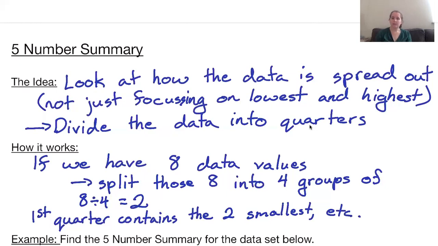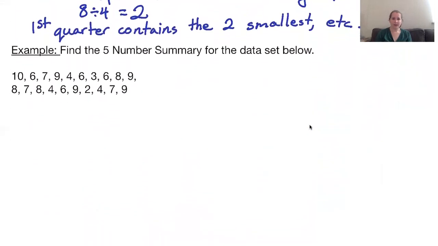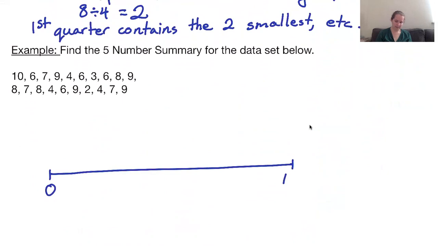So we're going to do this with an actual data set. In my opinion, the easiest way to order a data set is to just put it as a dot plot. So again, we have our usual 0 to 10.